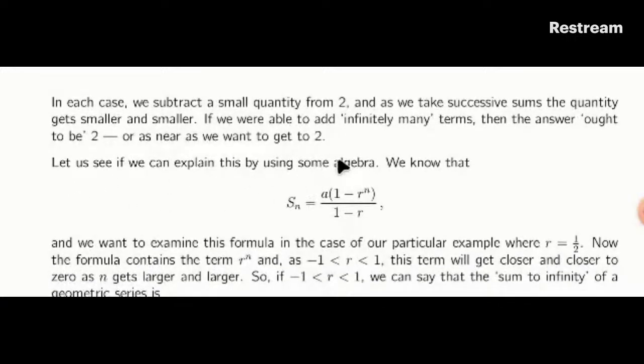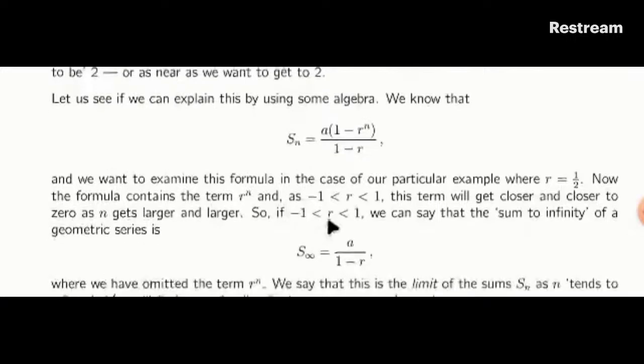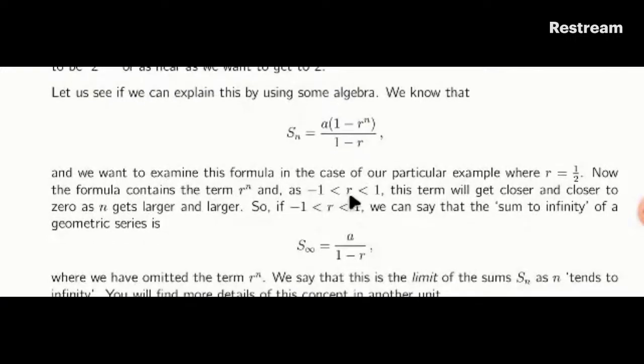So let us see if you have this formula in place. Then we want to examine this formula in the case of a particular example where r is equal to half. Now the formula contains the term r to the power n. So if minus 1 is less than r and r is less than 1, this term will get closer and closer to 0. So we can say that the sum to infinity of a geometric series is this, right?